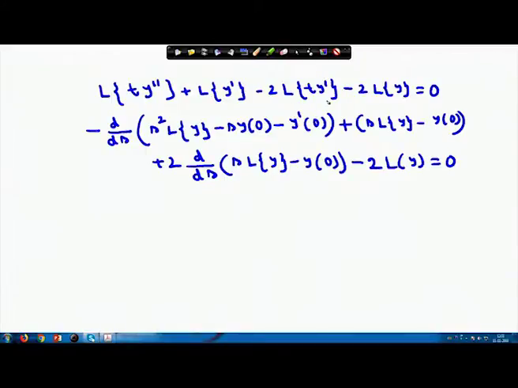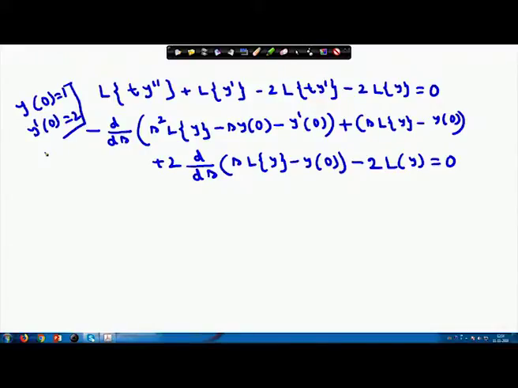Whenever you have Laplace transform of t y dash, that will be equal to minus d d s of Laplace transform of y dash. So, this has become plus 2 into d d s of Laplace transform of y dash, which we substituted by s into Laplace transform of y minus y naught. Now, here you substitute the values of y 0 and y dash 0 from the given condition. According to the given condition, y 0 is equal to 1 and y dash 0 is equal to 2.